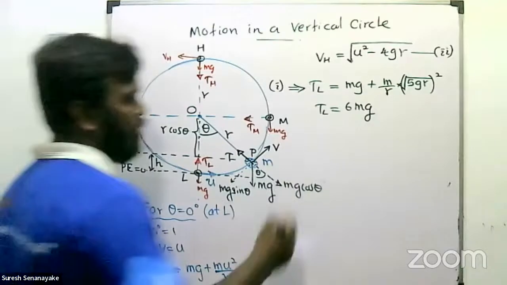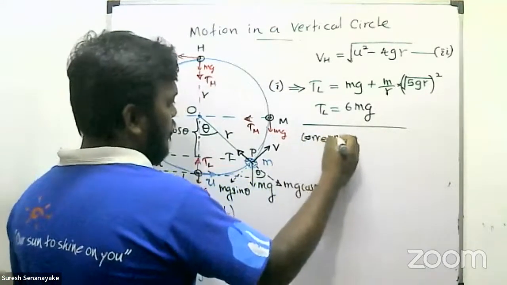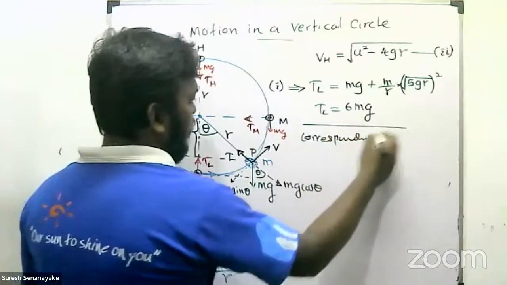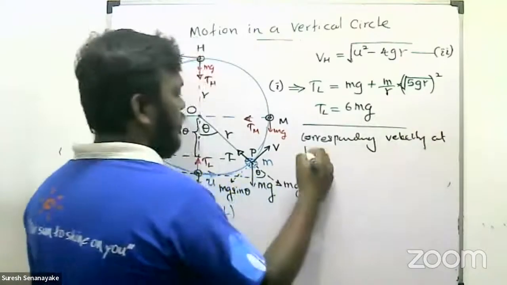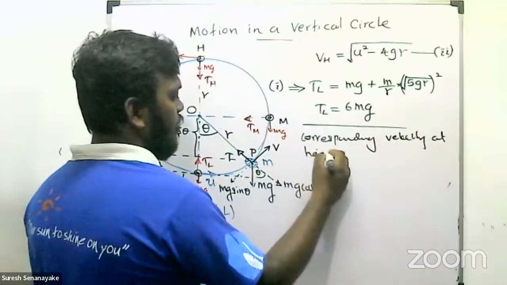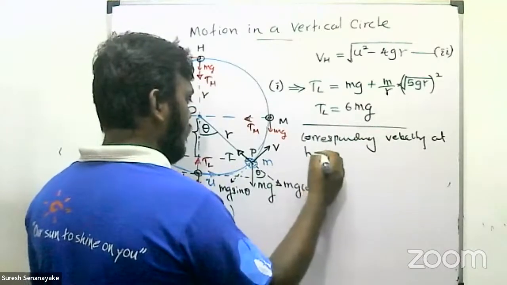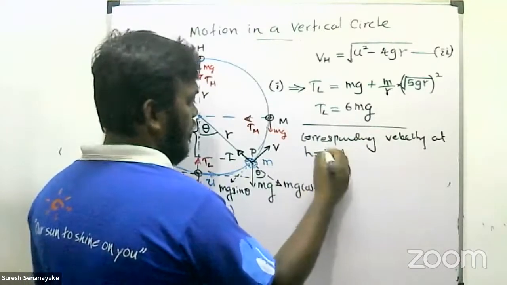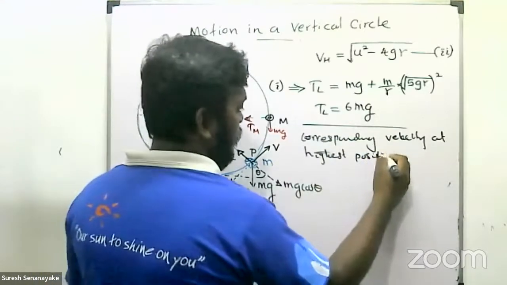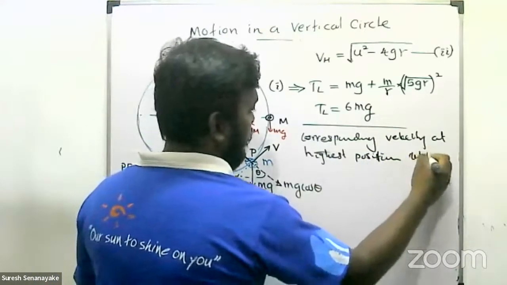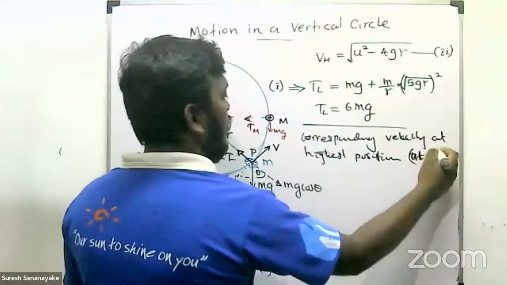And then the corresponding velocity at the highest point. Highest point or highest position, that's H. What is that?